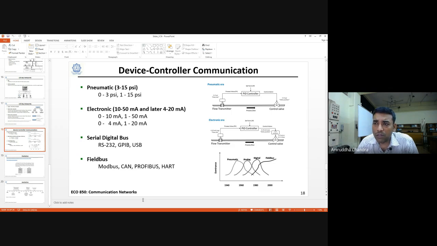Now, these were the earlier days, but now we are moving towards the serial digital bus. We had this RS-232 kind of bus, then GPIB, then USB, and then we had fieldbus in 2000. They have Modbus, CAN, Profibus, and HART, and other kinds of communication systems.